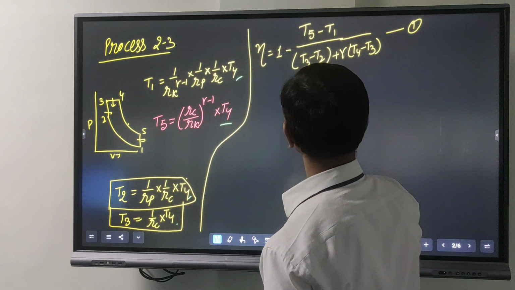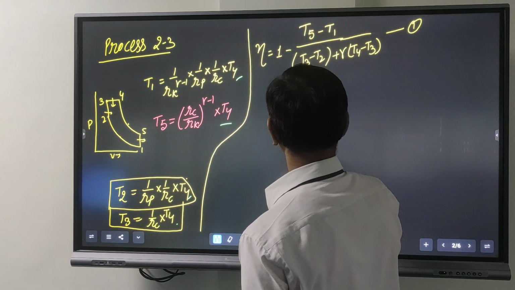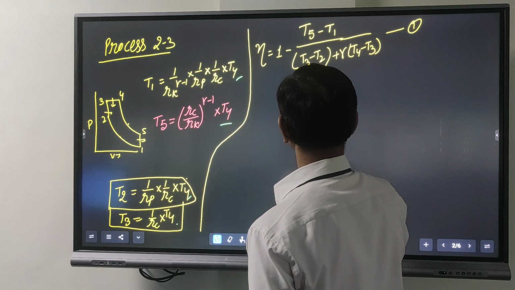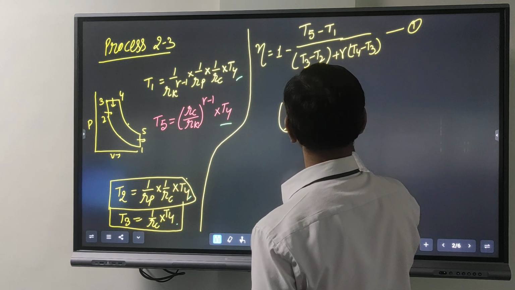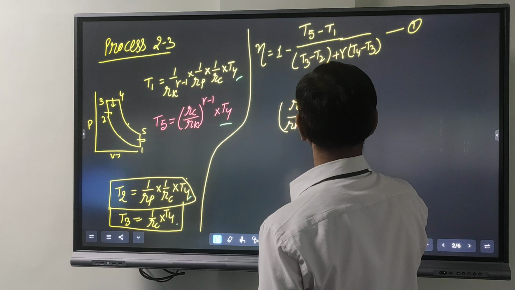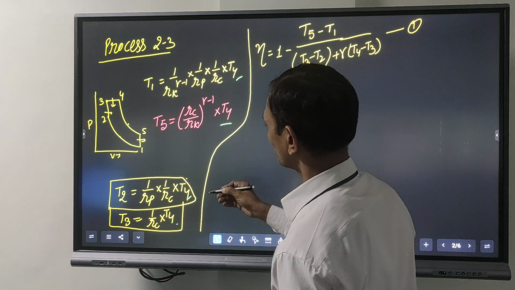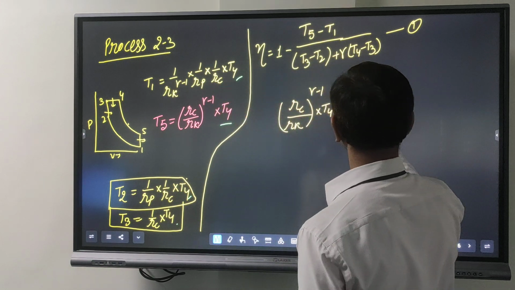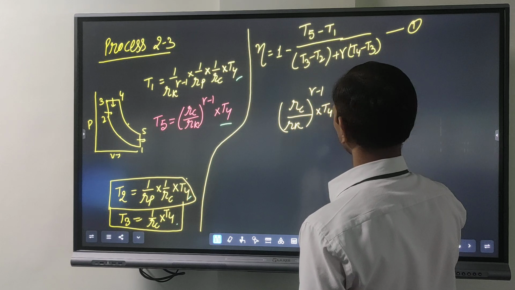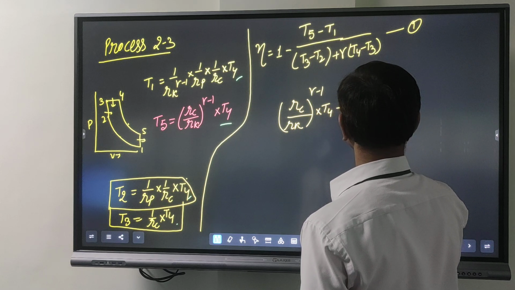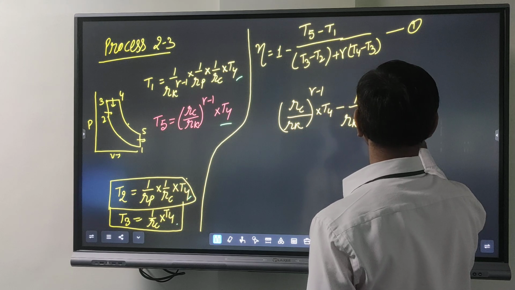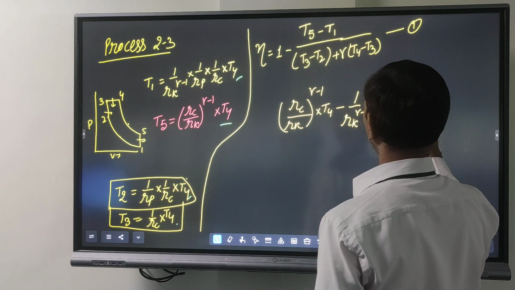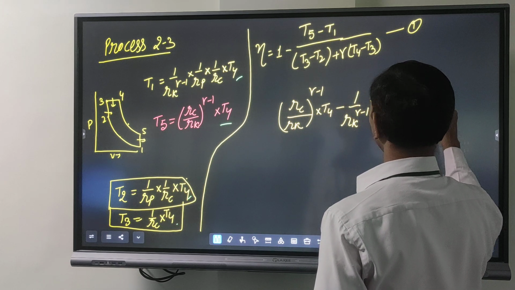So here put the value of T5 in this equation: (Rc by Rk) to the power gamma minus 1 into T4 minus T1. What is the value of T1 here? 1 by Rk to the power gamma minus 1 into 1 by Rp into 1 by Rc into T4.